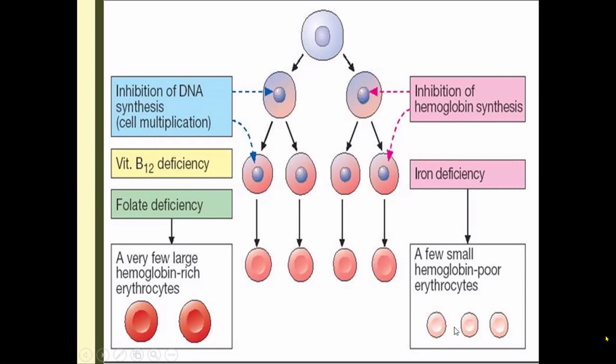So that's why hypochromic and microcytic types of anemia occur in iron deficiency, whereas vitamin B12 and folic acid are required for DNA synthesis. So any deficiency of these two will lead to decrease in DNA synthesis, or defective DNAs are synthesized, right? And that can inhibit cell multiplication.